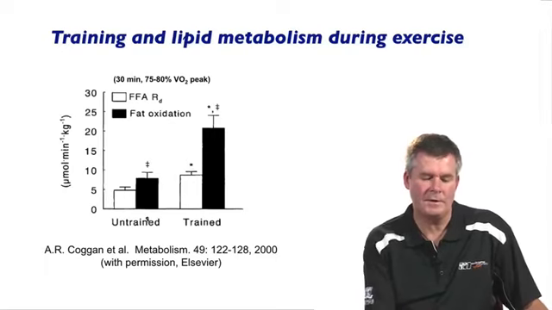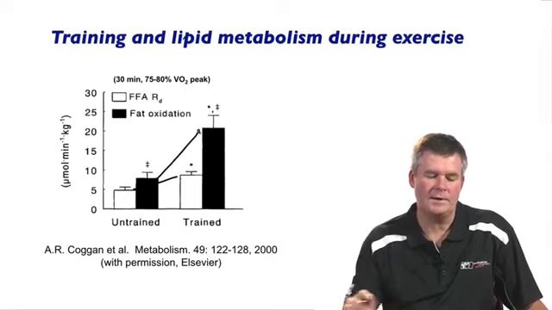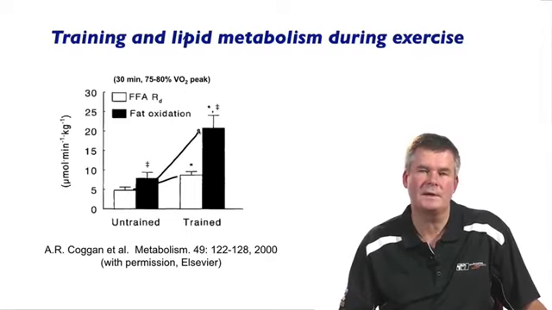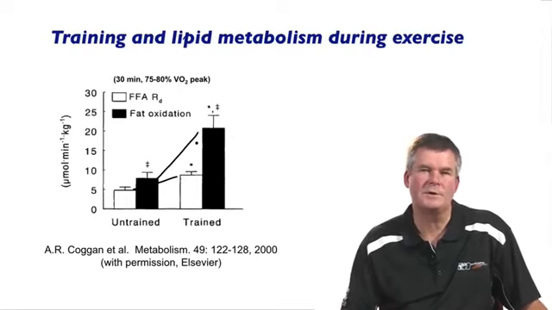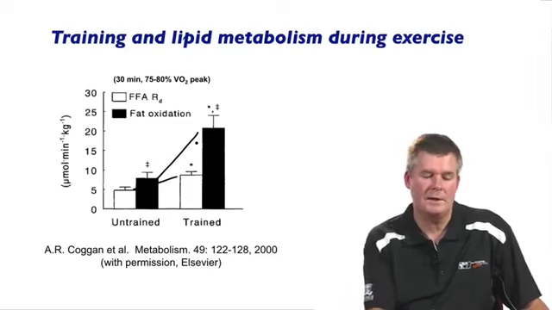And you can see both in untrained and trained an increase in both fatty acid uptake and fatty acid or fat oxidation. You'll notice here that the increase in fat oxidation is somewhat higher than the increase in fatty acid uptake. And that reflects the increased reliance on intramuscular triglycerides, which you won't measure in this parameter here.